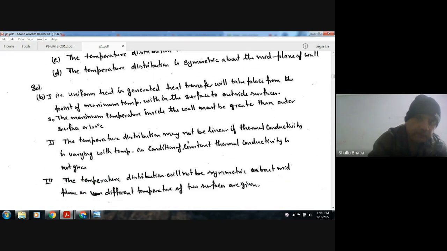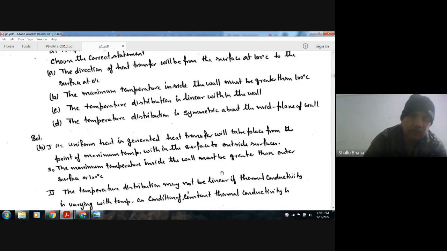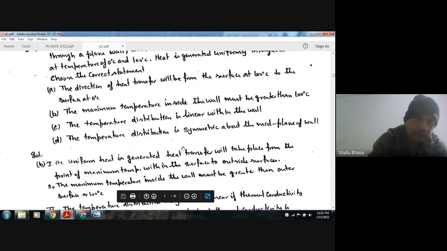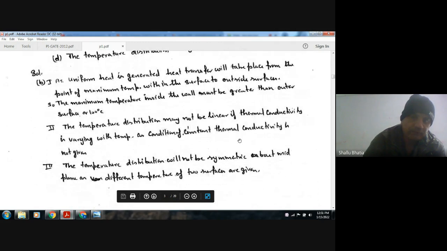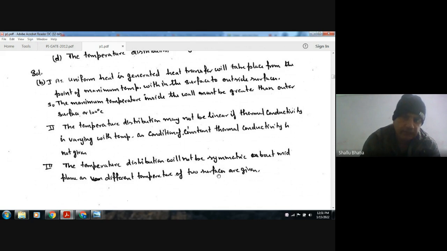The temperature distribution may not be symmetric about the midplane, because the two surfaces have different temperatures, so the maximum temperature will not exist at the midplane. So that is not true.